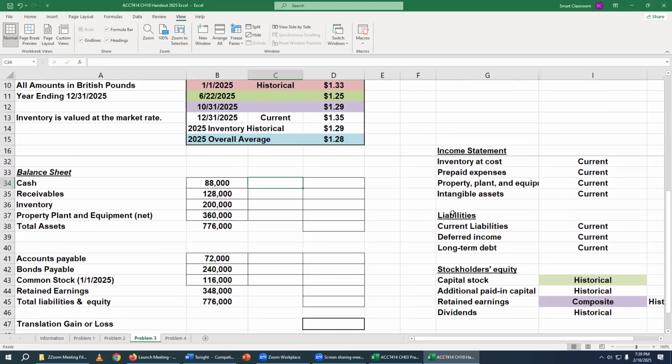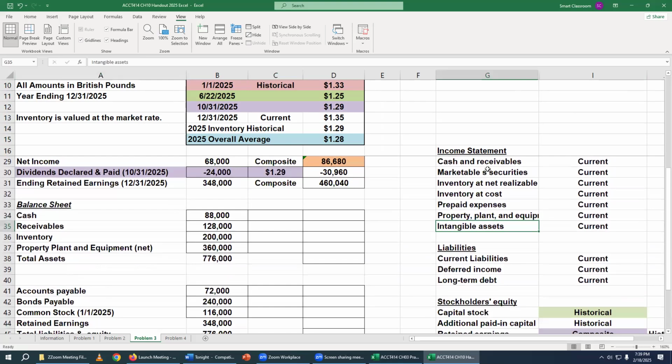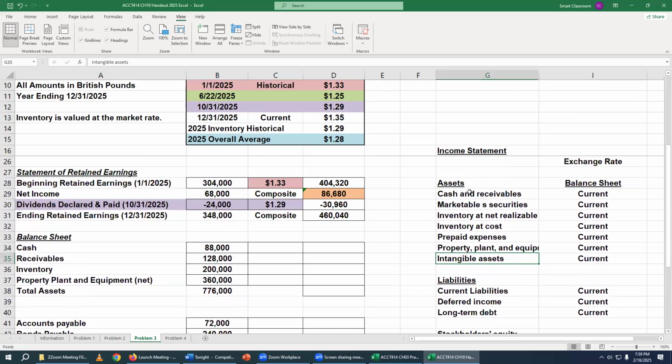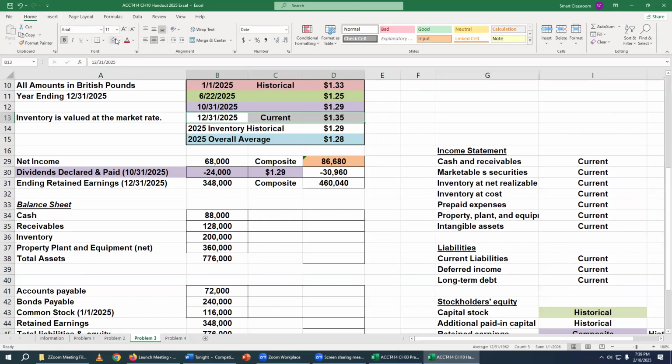Okay, so cash. I gotta go back up for those. Okay, so these are all gonna be the current rate, which is the ending rate. Okay, so it's not perfect, it is what it is. All right, so let's see here. This is purple. Do we use green?